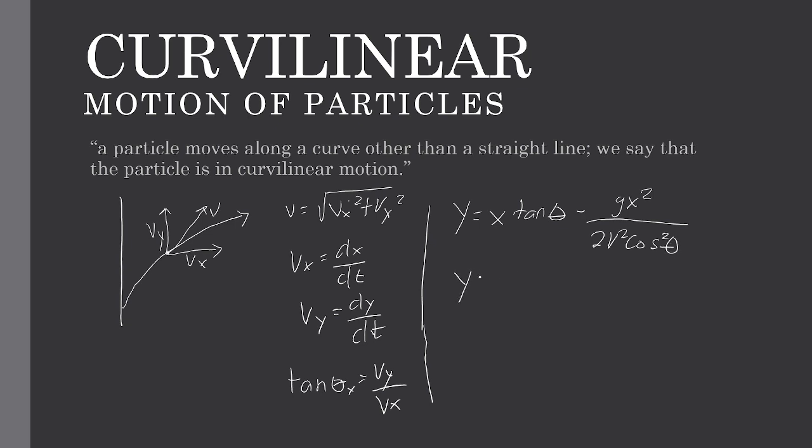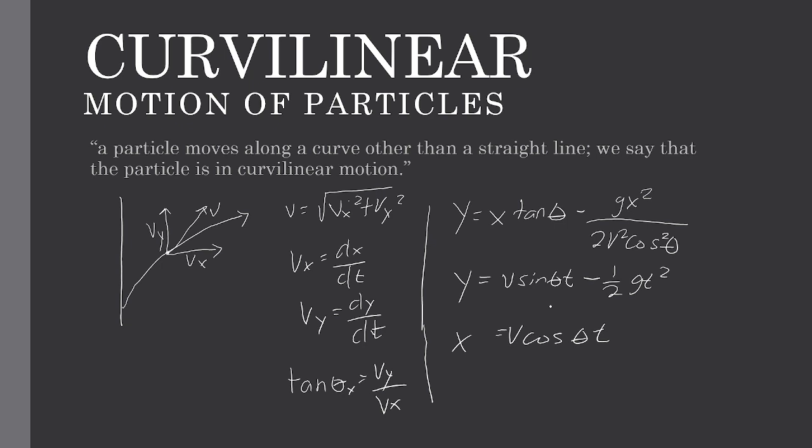Also, we could use this, y is equal to v sine theta times time minus 1/2 gt squared. Also, we could use this, x is equal to v cosine theta times time.